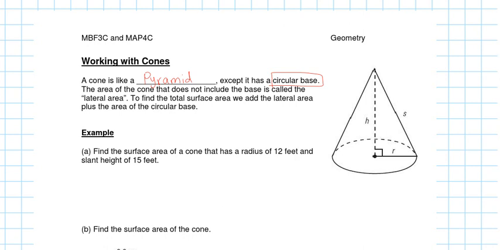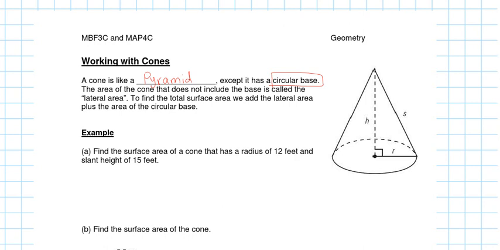So remember that, again, a lot of the time when we're looking at cones, we always have to think about what the different parts of the cone are. So we have the lateral area, which is the area that does not include the circle, and then we have the circle, which is our base.